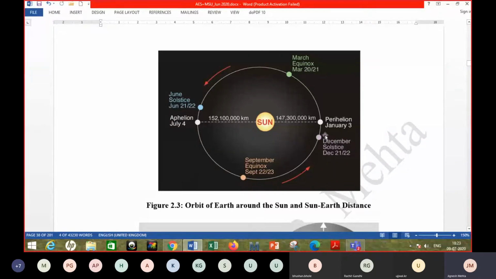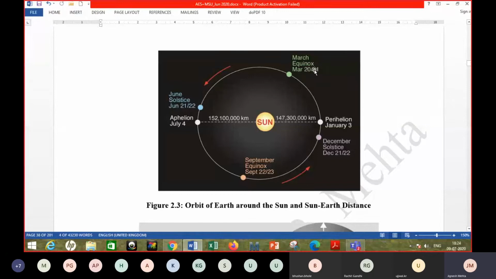So at that time the northern hemisphere is tilting away from the sun, so it gets less radiation and day length is less, and the opposite is the case for the southern hemisphere. Again on the March equinox, both hemispheres, meaning each half of the Earth's sphere, get an equal amount of radiation, because the sun ray makes an equal angle with both hemispheres.